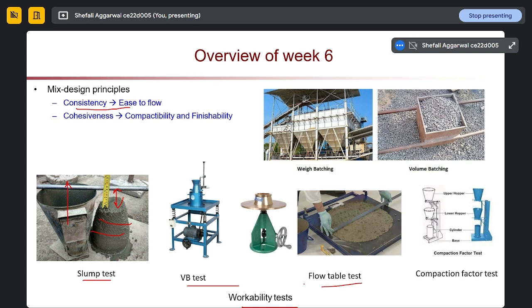We are using cement, fine aggregates, coarse aggregates, admixtures, and water. Almost two-thirds of our aggregate is coarse aggregate, and if we see the total aggregate content, it is more than 70%. So almost 70% of our concrete consists of aggregates.